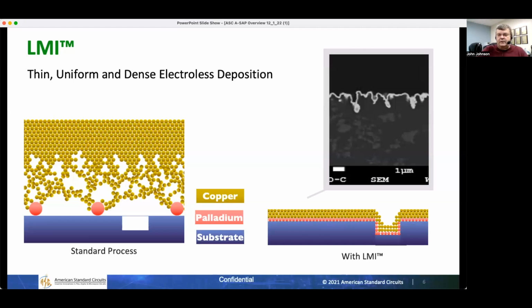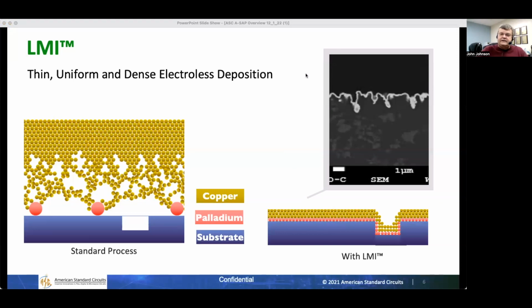Whereas with the LMI technique, you have a very dense level of palladium, illustrated in the picture here. And you can plate electrolysis in a very thin deposition that will be able to conduct electricity for electroplate. And that's the key difference here.